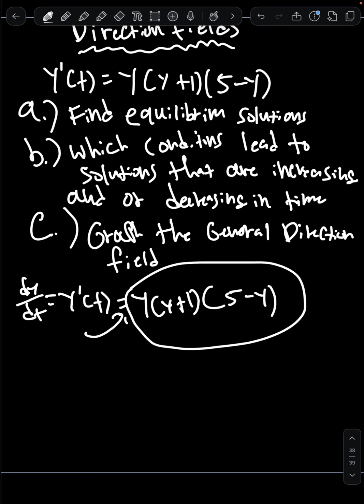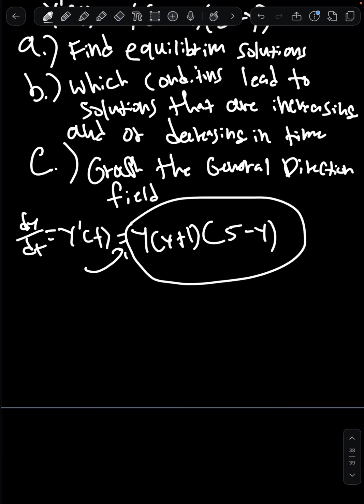Now, if you remember from Calculus 1, setting the first derivative to 0 will give you where the slope is 0, and it also tells you the critical points for the function. So let's set it to 0. Let's take this y out. If we set it to 0, then y just equals 0.